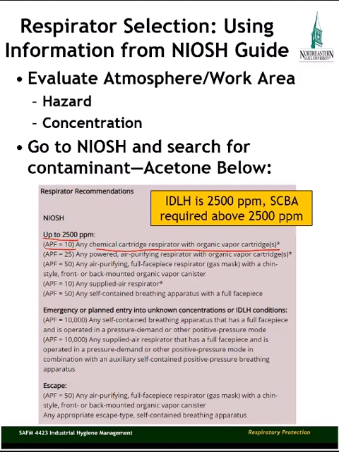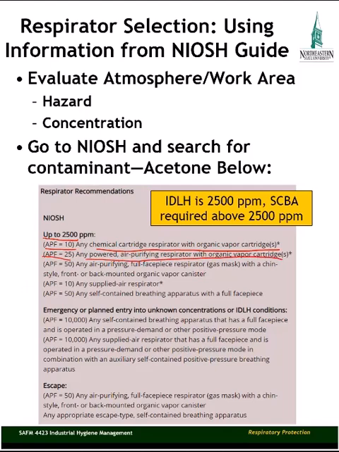But if you want to be a little more conservative, and let's say your contamination level is getting close to 2,500 parts per million, let's say you're at 1,800 parts per million, and you want to be a little more careful and cautious. Well, you could use an APF of 25, which would be any powered air purifying respirator with organic vapor cartridges.